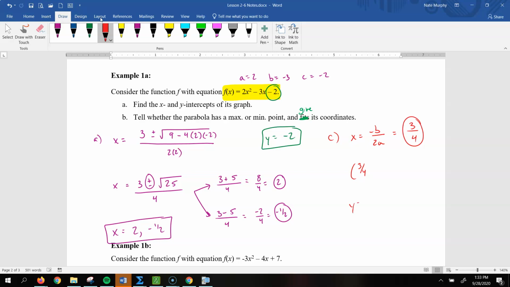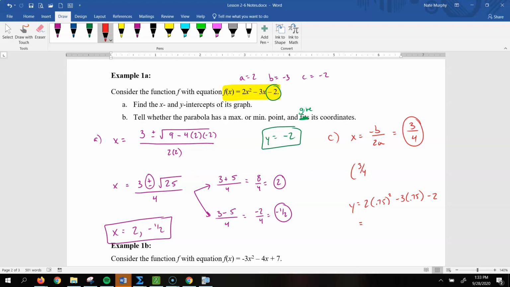So to find the y value, we're just going to put our x value into the equation. Just to make it easier, I'll do decimals. We'd have 2 times 0.75 squared minus 3 times 0.75 minus 2. And again, this is something you could plug into your calculator exactly as you see it.